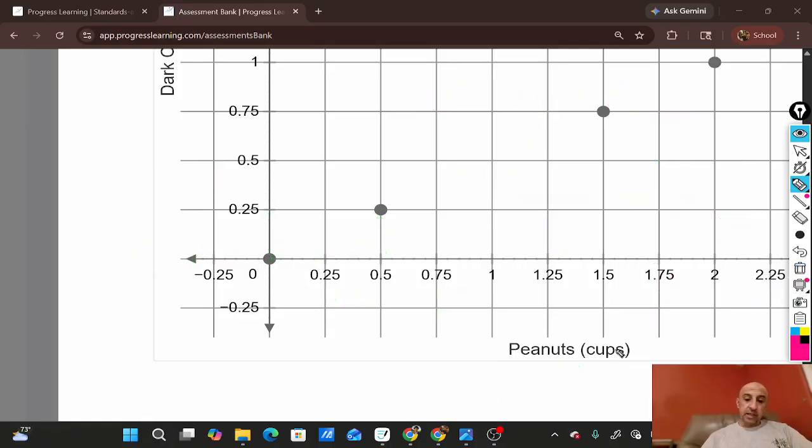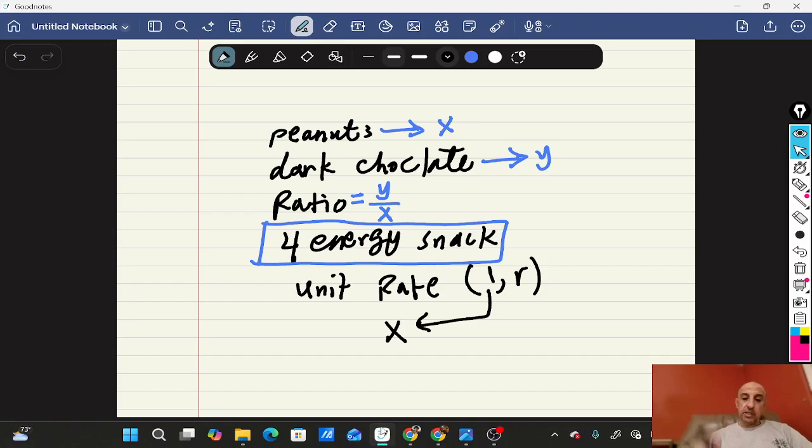So going back, the ratio is equal to 5 over 10, which we can simplify to 1/2.